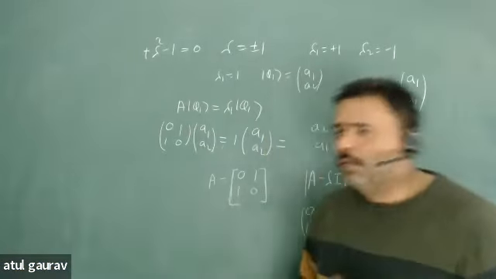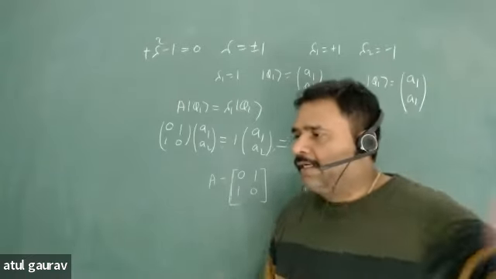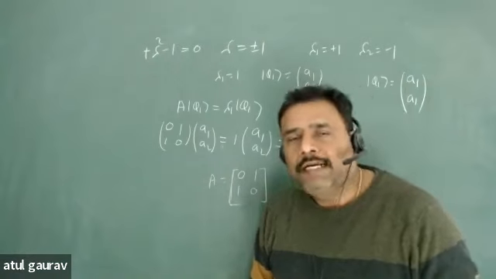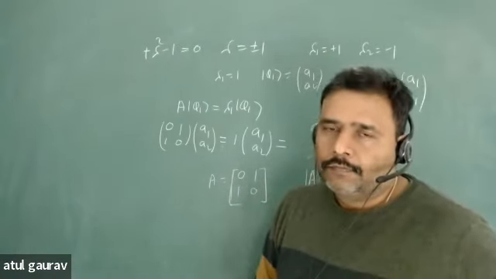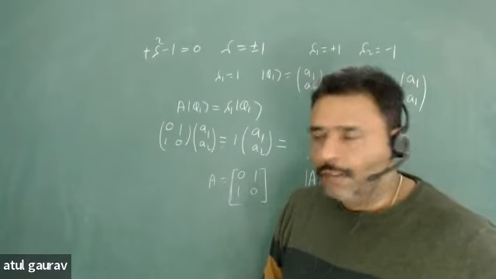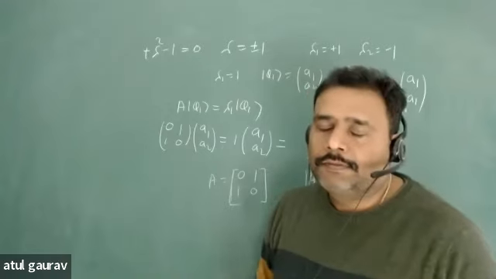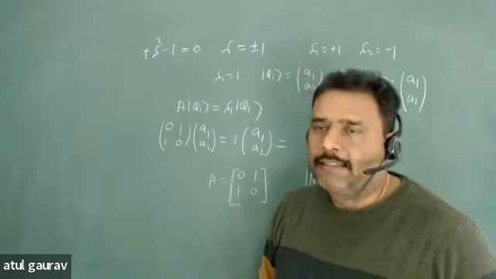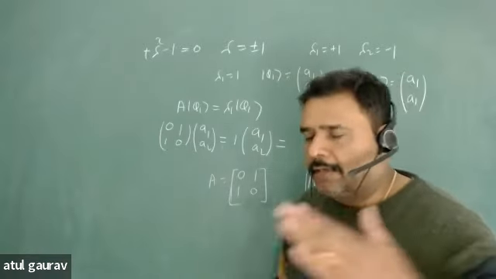1, 1, 2, 2, 3, 3, 10, 10. Yes, you can make infinite vectors. But are all vectors normalized? No. Are all vectors parallel vectors? Yes, all vectors are parallel vectors. 1, 1, 2, 2, all are parallel vectors.